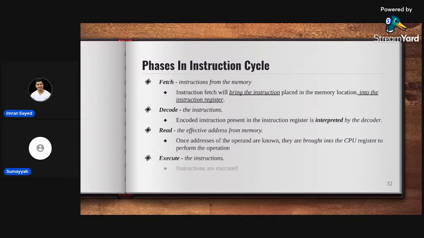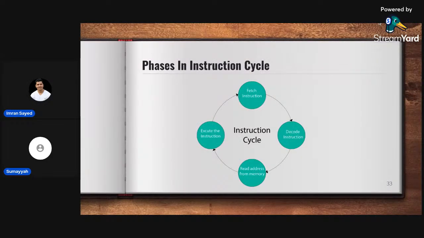Execute will execute the instruction, and results are temporarily stored in a location. So this is the instruction cycle: fetch, decode, read, and execute.